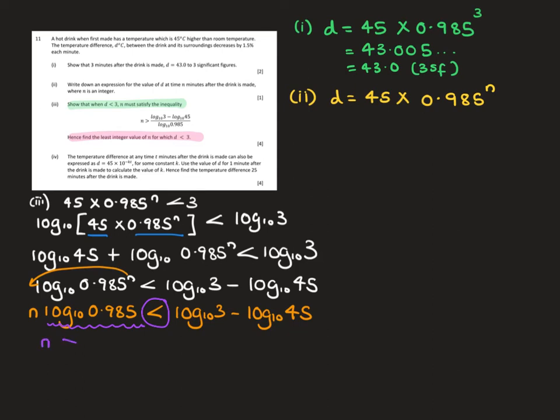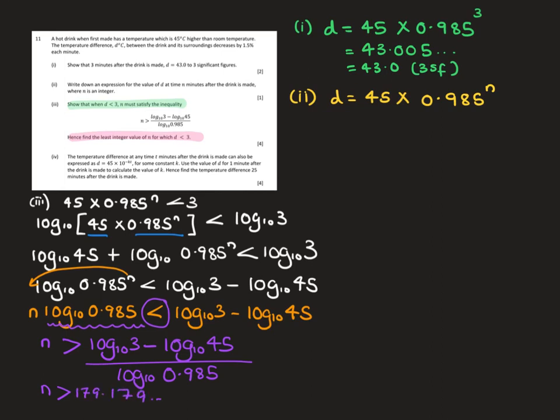So n is then greater than log to the base 10 of 3 minus log to the base 10 of 45, all over log to the base 10 of 0.985. Now, if you then evaluate the right-hand side here, n is greater than 179.179, and we're looking for the least integer value, so we've got to give n equals 180 as the least integer value.